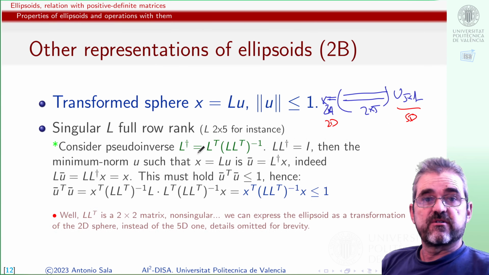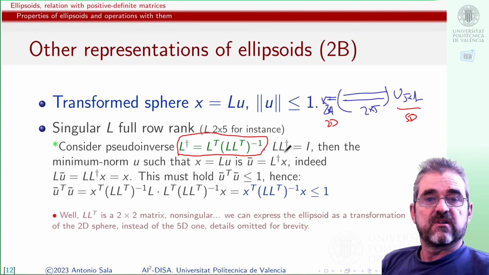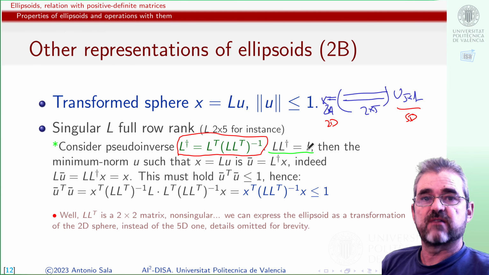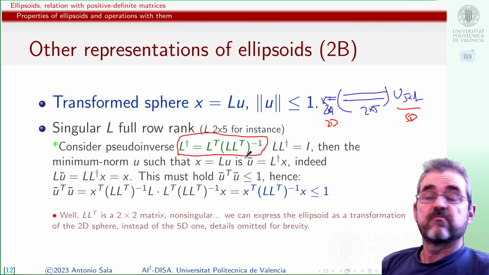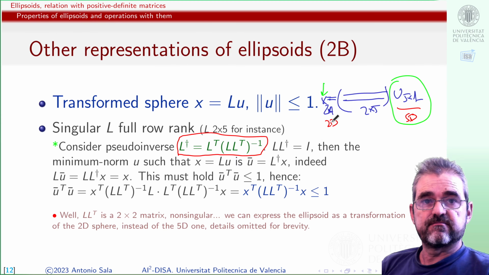So, in this case, we will consider the pseudo-inverse given by this expression. This pseudo-inverse verifies L times L dagger equal identity, so it's a right inverse of L, and in this case the identity of size 2. And this pseudo-inverse computes the minimum norm input U which achieves a given x.